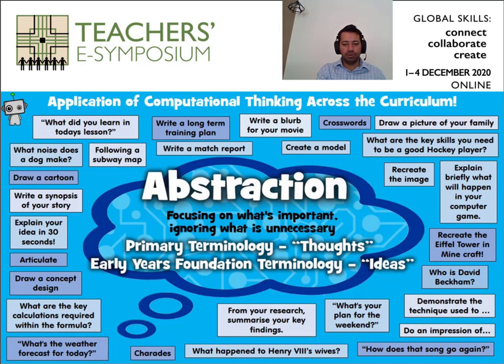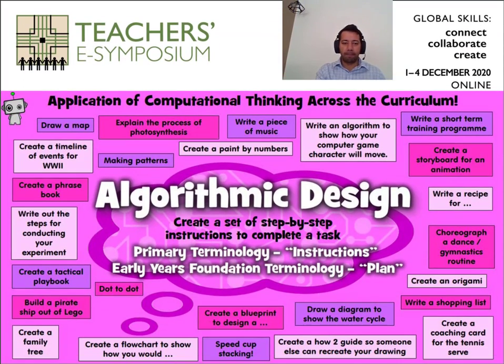So if you were asked to just design a house, how would you do that? Let's move on to the algorithmic design. That's the concept of creating a step-by-step instruction set. So kind of like a flow diagram, kind of like a mind map.